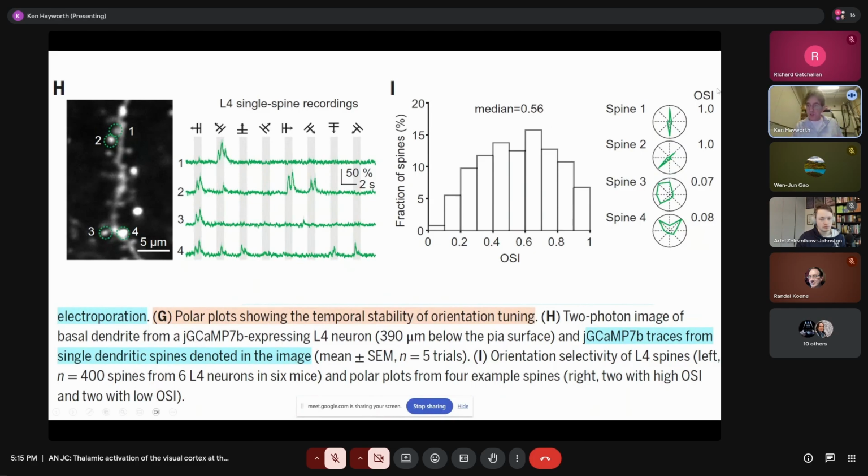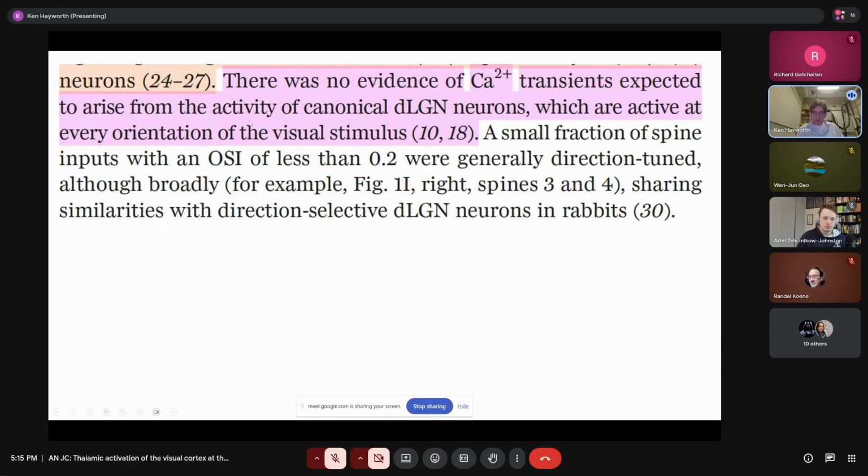Okay, so they could look at all these spines, and what they found, which was very bizarre, is that there was no evidence of calcium transients that were expected to arise from the activity of these canonical lateral geniculate neurons, which are supposed to be active at every orientation of the visual stimuli.